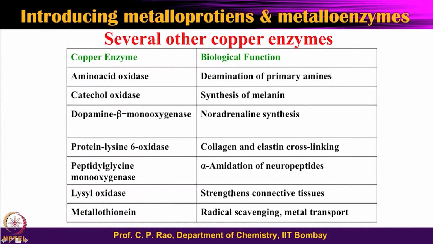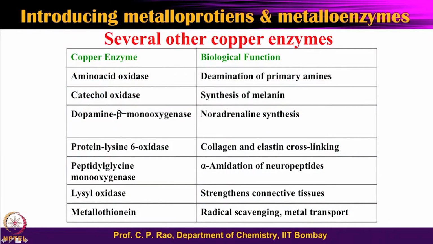So, now we have seen a large number of different kinds of enzymes having blue copper protein, simple electron transfer with oxidase properties. Then we have seen non-blue copper with oxidase properties, and we also have seen some where all these together are present.